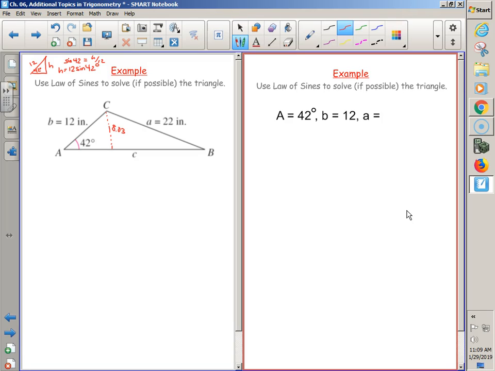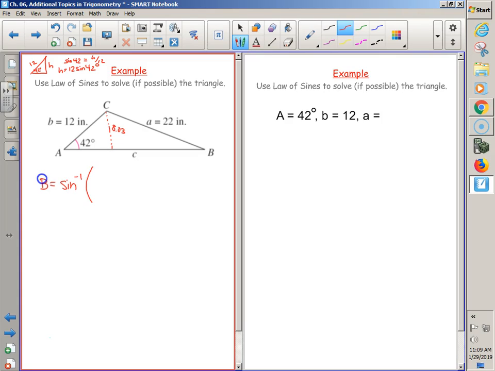Okay, I'm going to go ahead and set it up too. Hopefully you're getting angle B by taking sine inverse of both sides. Using sine of B over 12 equals sine of 42 over 22, so 12 sine of 42 all over 22.